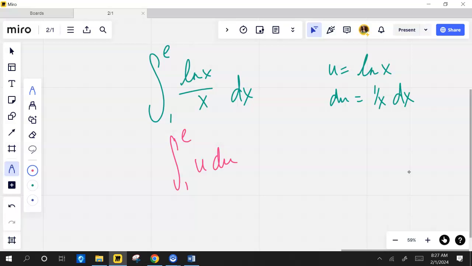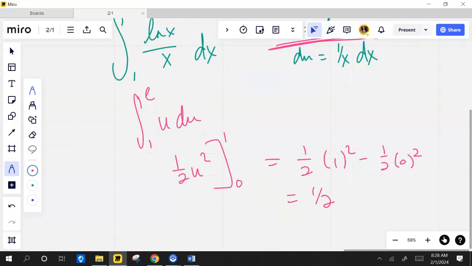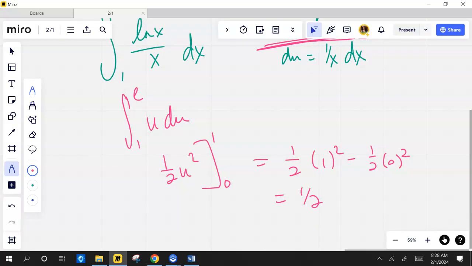Okay. 1/2 u squared evaluated from, and I'm going to go ahead and adjust the bounds because these are easy. Natural log of e is 1. Natural log of 1 is 0. So I just end up with 1/2 times 1 squared minus 1/2 times 0 squared, which is 1/2. The antiderivative of u.